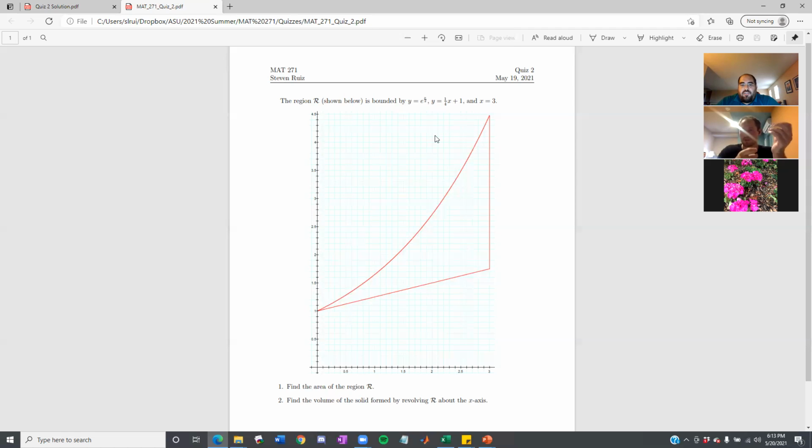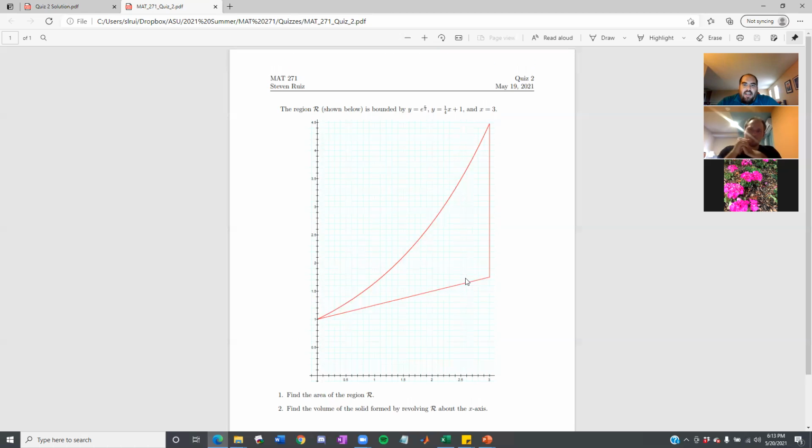There are certainly going to be times where I'd simply give you the bounds. For example, for this quiz, I was considering just giving you these equations and having you generate the graph. And that would have been totally fair to do.